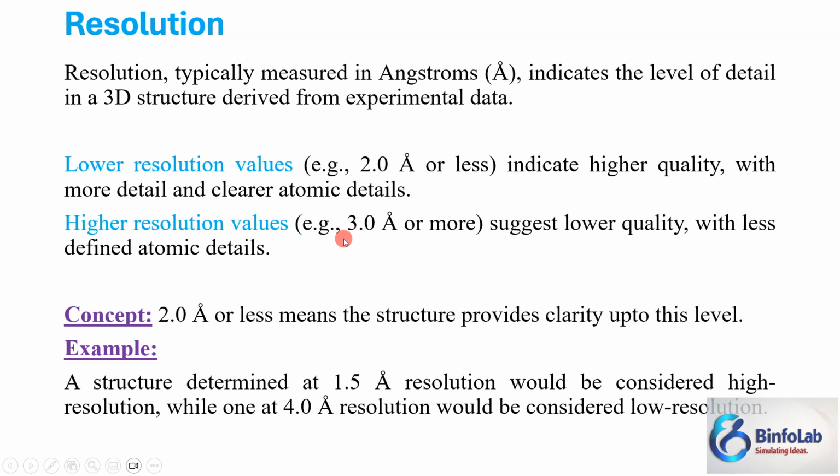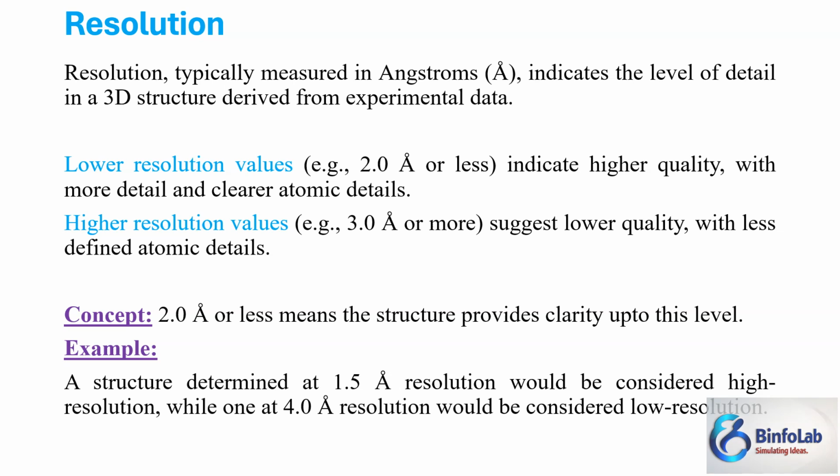If you are interested in seeing atomic details at the level of 2 angstrom, this structure will fit. So a lower resolution value like 1, 1.5, 2 will be considered higher quality, and in structural biology we call it higher resolution.